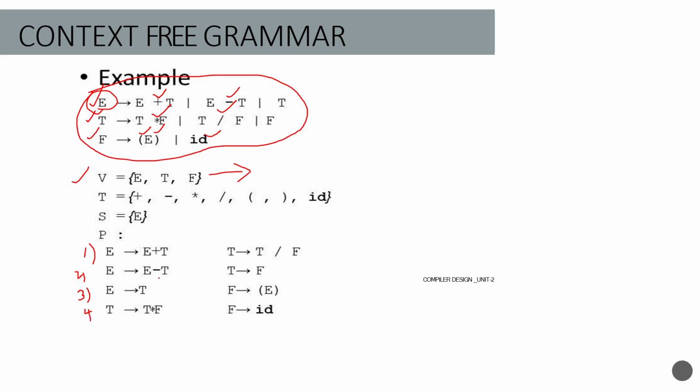T tends to T divided by F. This is production number 5. And T tends to F. This is production number 6. And F tends to open bracket E close bracket. This is production number 7. And F tends to ID. This is production number 8. So totally we have 8 productions.